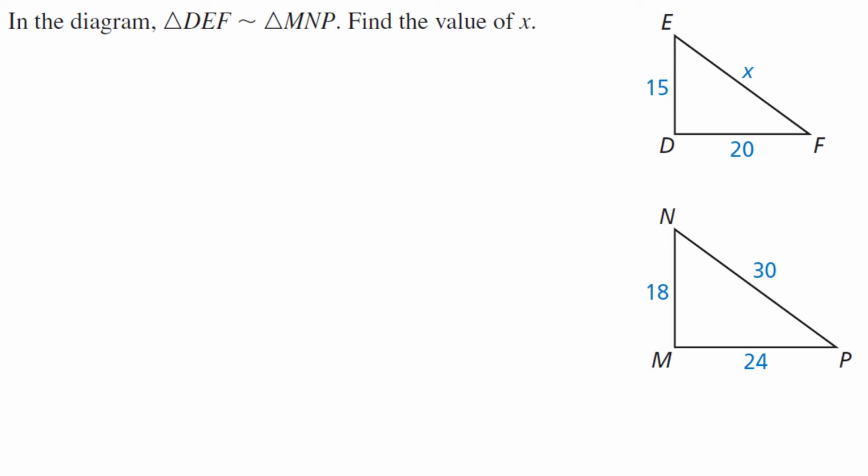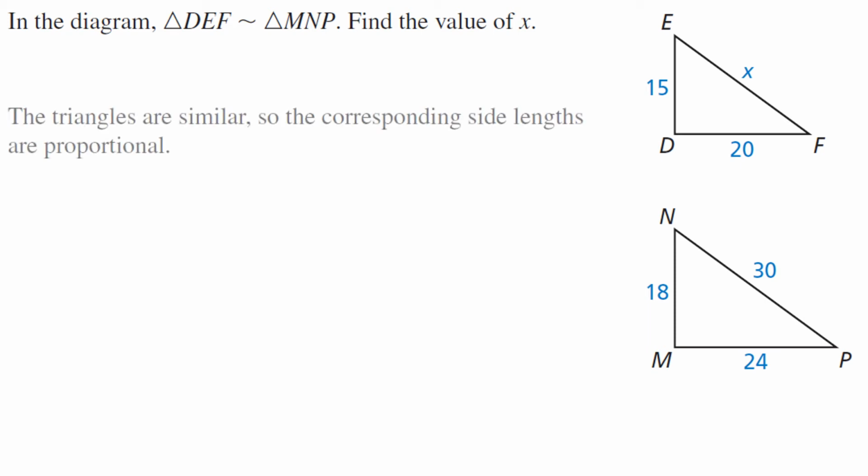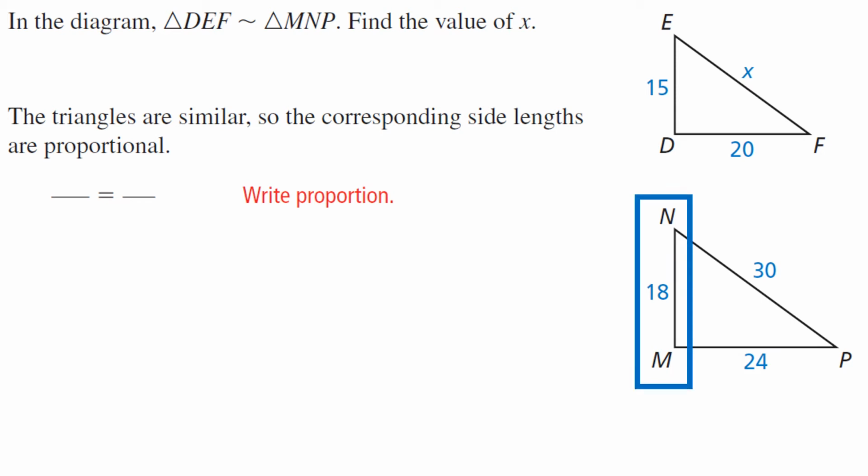So let's assume that these triangles are similar and then find the value of x. Now, when I write a proportion, I can grab any pair of sides I want. So I might decide to pick MN and DE.